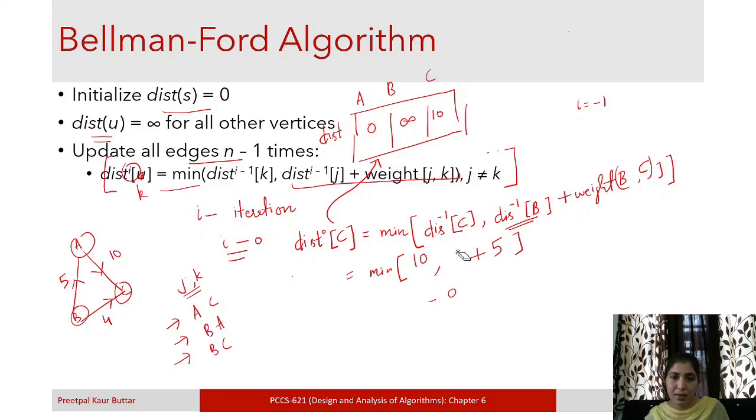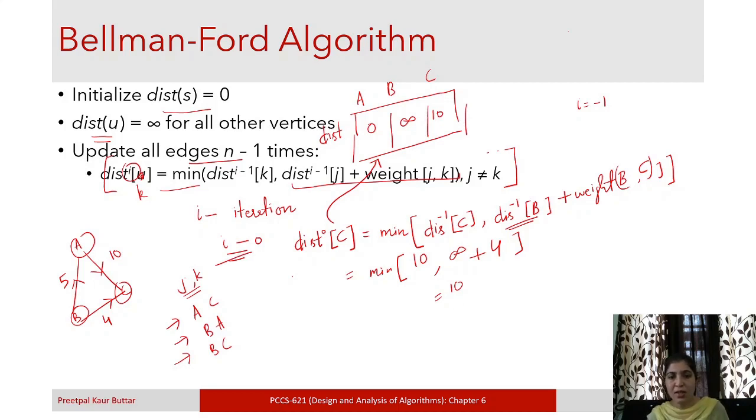And the previous distance of B is infinity, and B to C the distance is 4. So the minimum will be 10. So we will keep it equal to 10. Okay, so this was the 0th iteration, right?